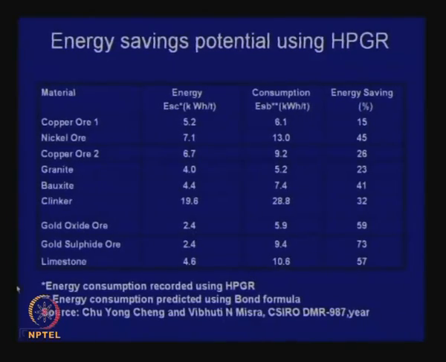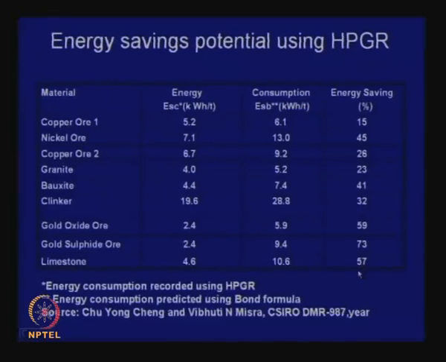Now, this is the kind of energy saving that people have claimed. We can save 15% in copper ore grinding, 45% in the case of nickel ore, 26% in another kind of copper ore, granite 23, bauxite 41, clinker 32, gold oxide ores, gold sulphide ores containing gold, limestone 57%.